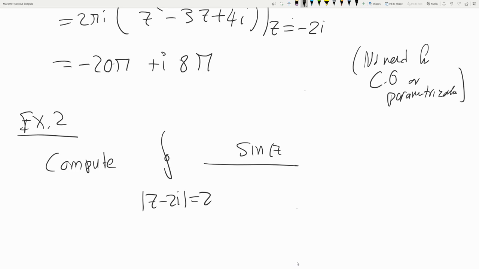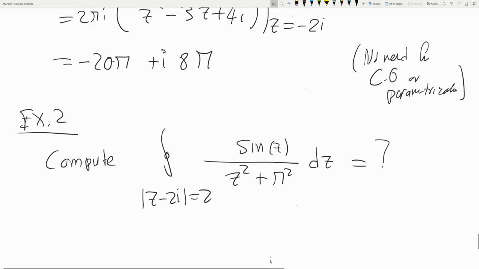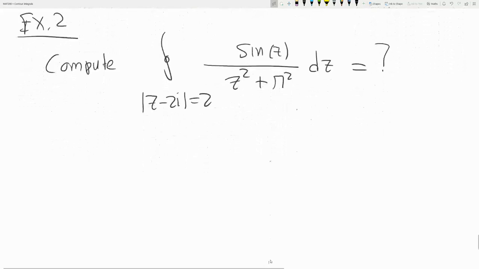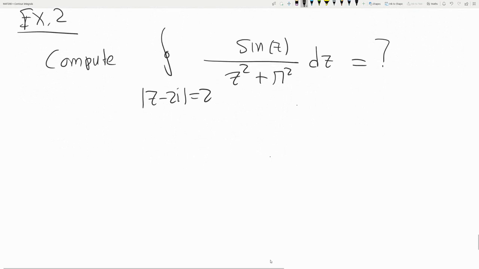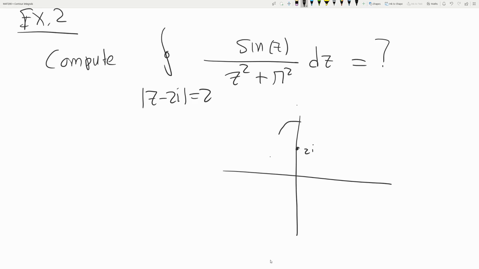I think this is one of the textbook exercises. Okay, so what is that? Okay, this is a trick question. So first, let's find the contour. This is centered at 2i, and it's this circle.